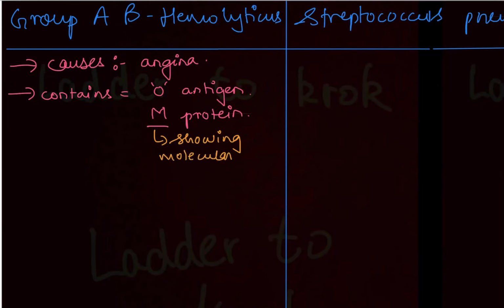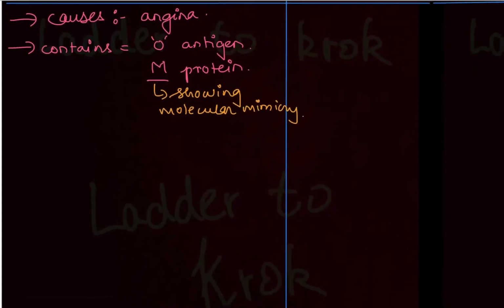Let's know some information about molecular mimicry. Whenever there is an organism which shows molecular mimicry, that organism will be initiating an autoimmune response in that person. So first, what is molecular mimicry?